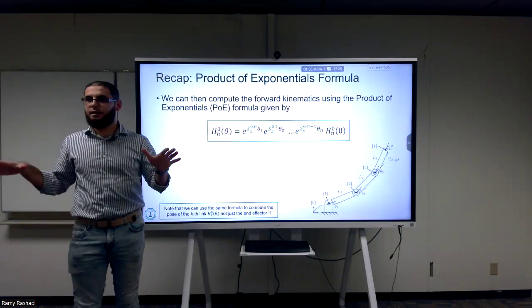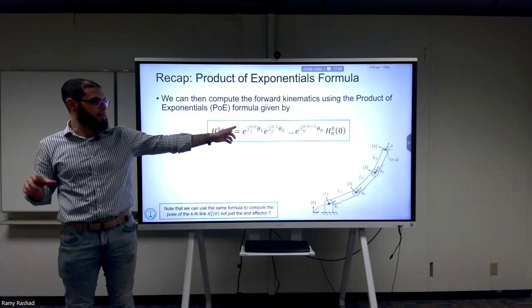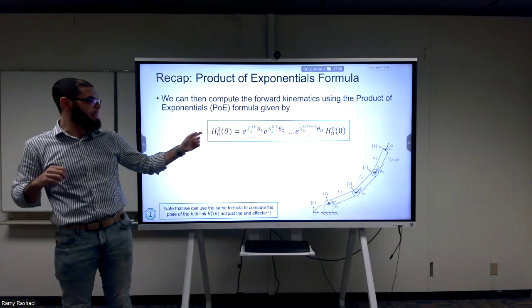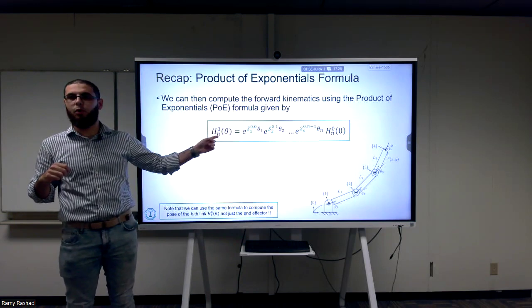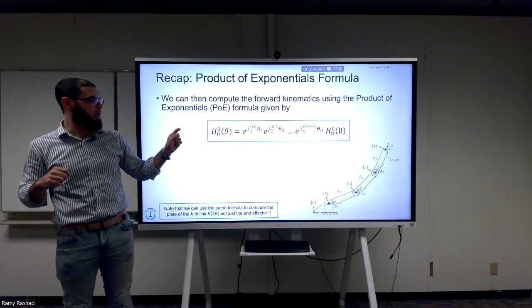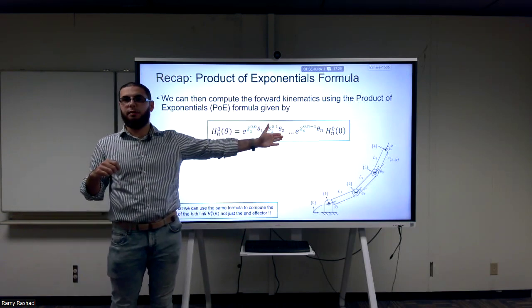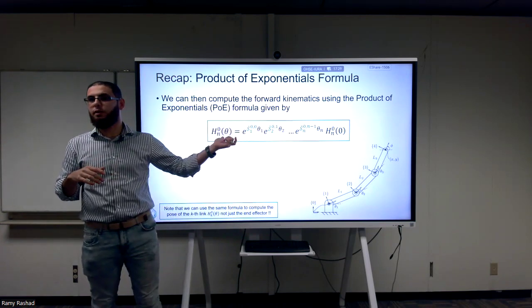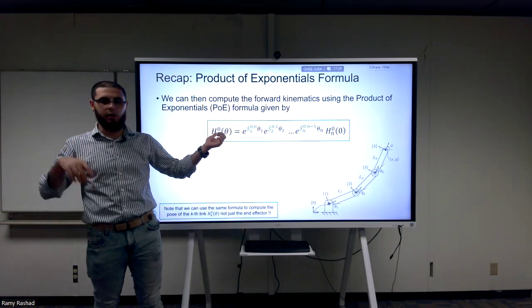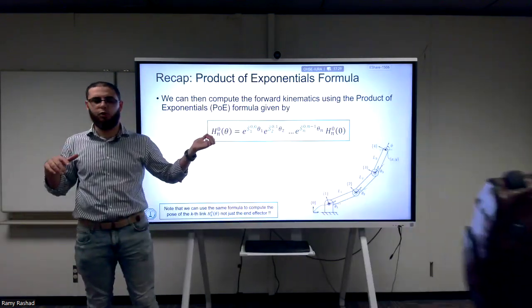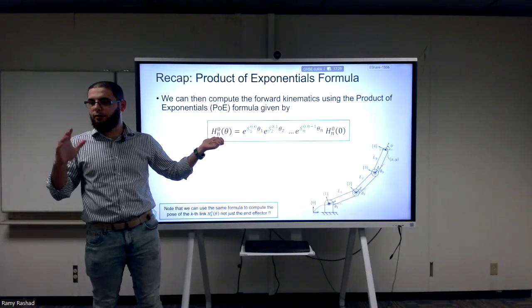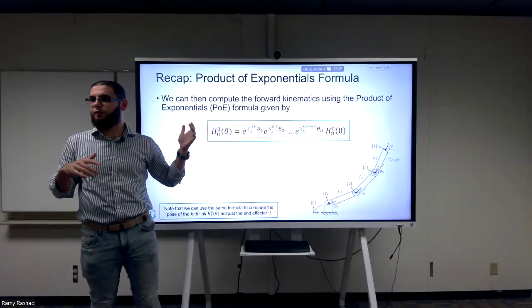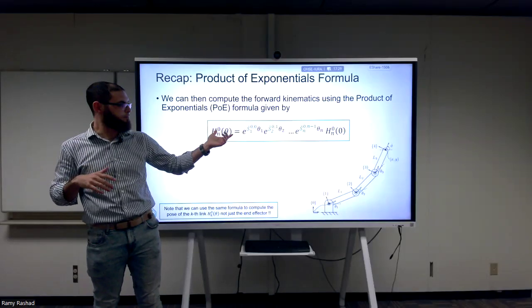Then by having this screw representation of twists, we showed that the end effector pose with respect to the stationary frame is given by this extremely fancy formula, and this is known as the product of exponentials formula. It was attributed to Brockett, the first scientist who actually introduced it in robotics.